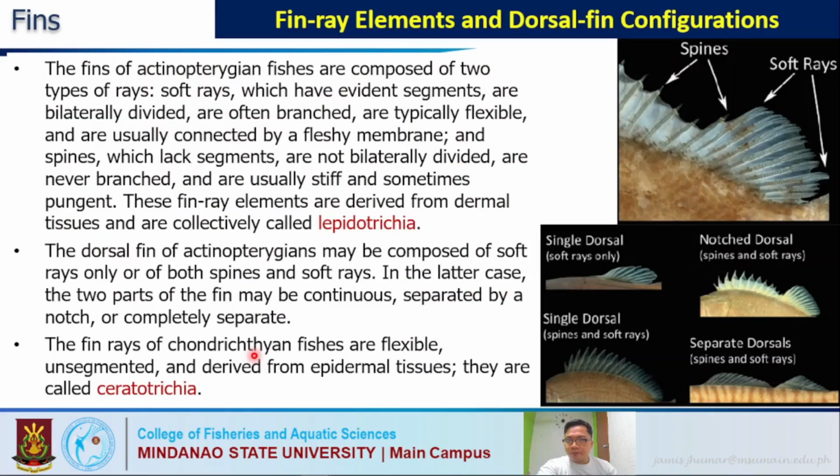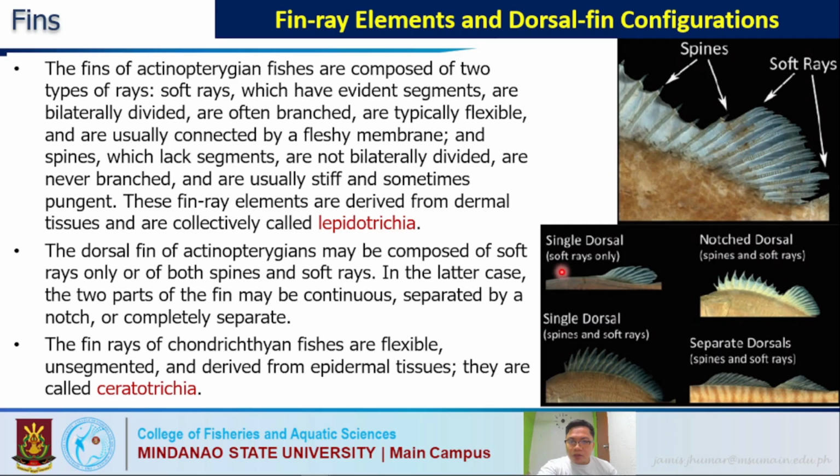Some of the fishes, for example the actinopterygian fishes, have fin configurations having both spiny dorsal fin and soft-rayed dorsal fin. So in some fishes, this is separated, and we call them the first and second dorsal fin. So this is some of the configurations of some fishes, particularly the actinopterygian fishes.